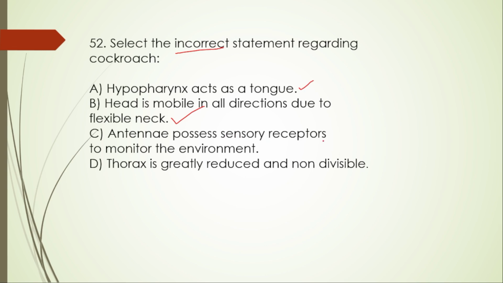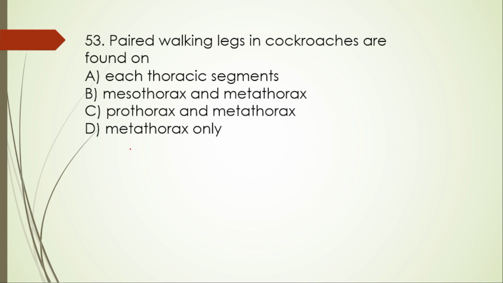Antennae possess sensory receptors to monitor the environment. This one is also correct. Thorax is greatly reduced and non-divisible. This one is wrong. The thorax of the cockroach is a prominent part of its body and is clearly divided into 3 distinct segments. So this one is incorrect. 53. Paired walking legs in cockroach are found on: A, each thoracic segment. Yes, that one is correct.